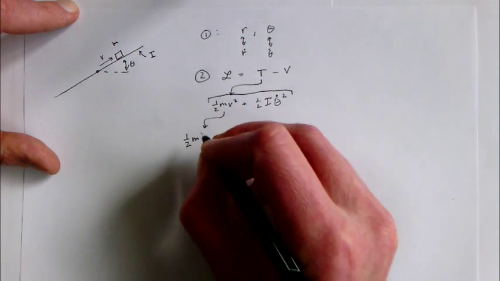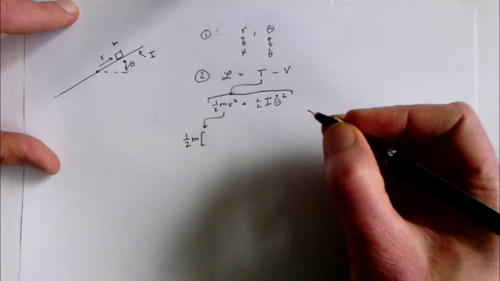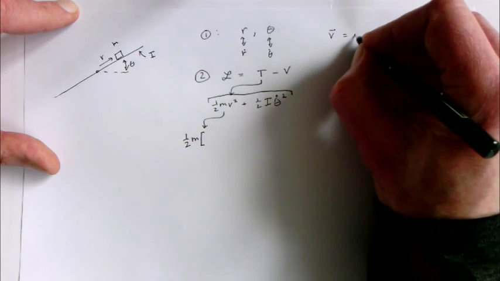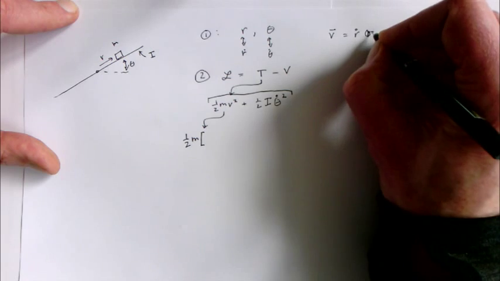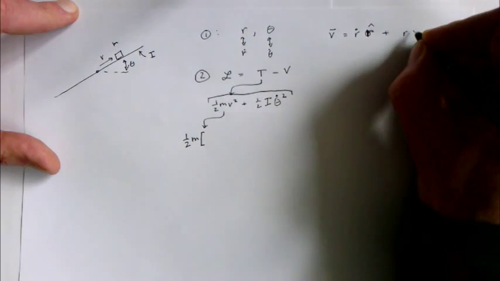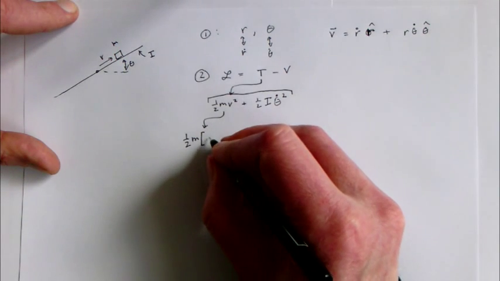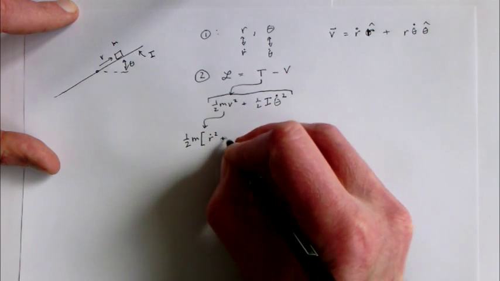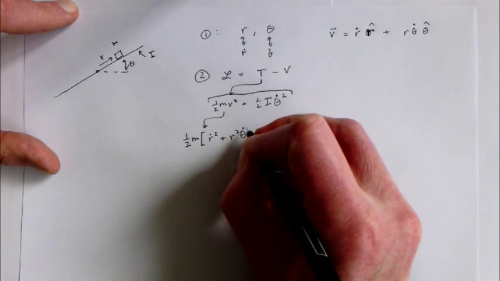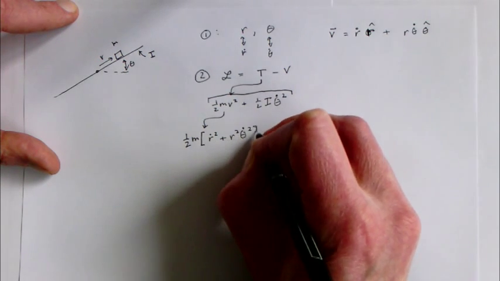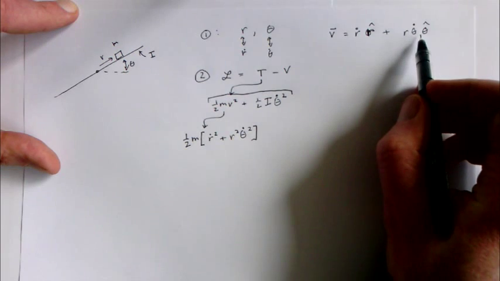That'll give me 1/2 m times v squared. My velocity is r dot times r hat plus r times theta dot in the theta hat direction. So my velocity squared will be r dot squared plus r squared theta dot squared, because velocity squared is simply this velocity dotted with itself.